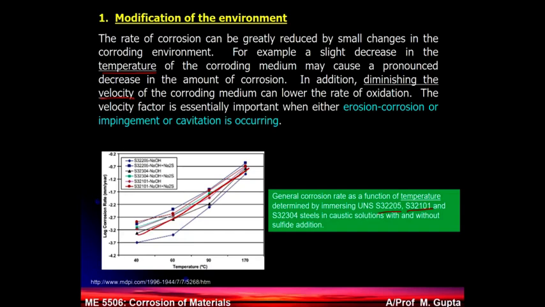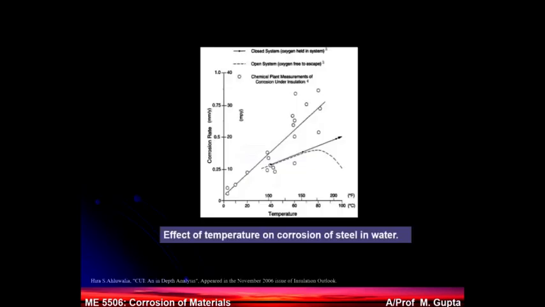So anyway, we are talking of this graph here, and we have the log corrosion rate and the temperature here. And we discussed that the corrosion rate goes up with the temperature based on the Arrhenius law. And same thing we can see for the corrosion of steel in the water.